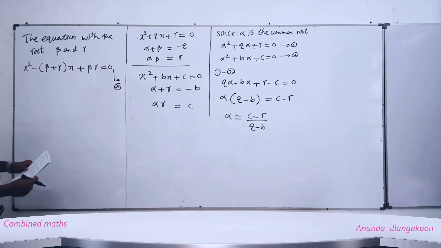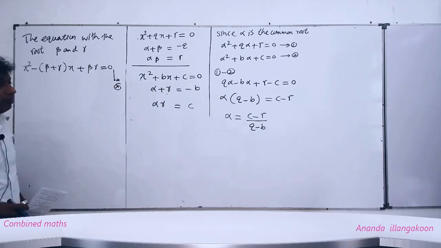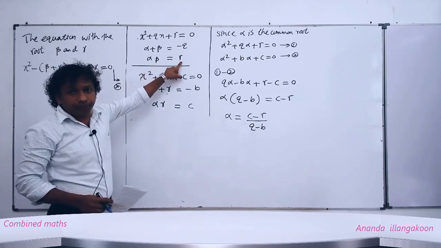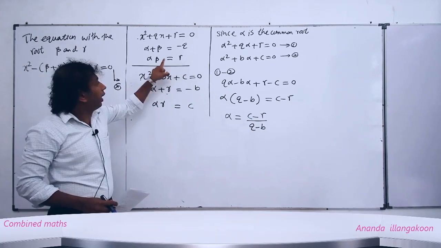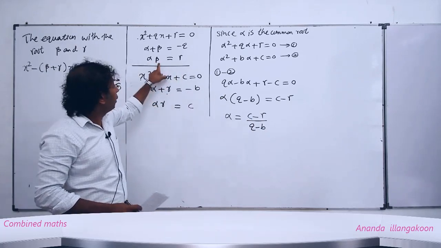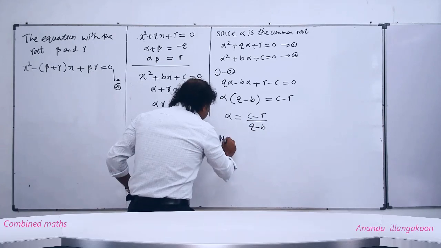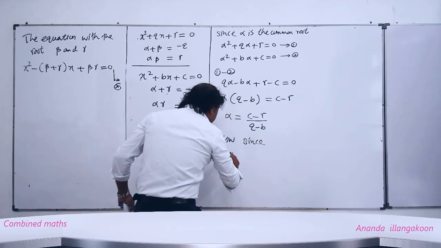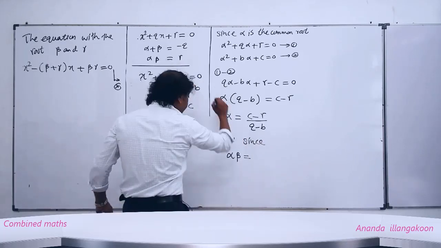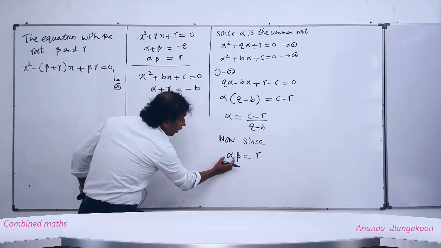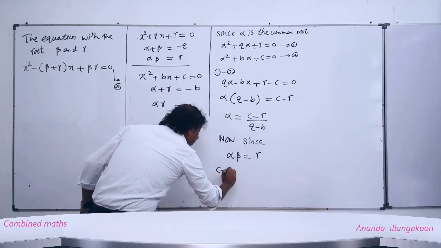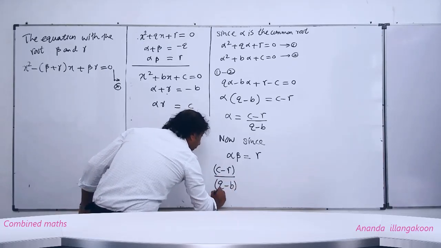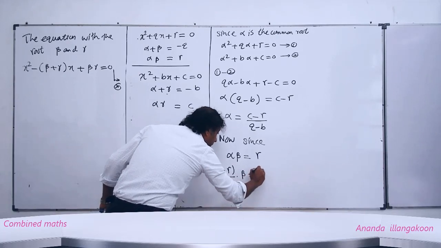Now our purpose is to find beta and gamma, no? Then beta and gamma you can find like this. Here, alpha beta product is r. Alpha is known here, then we can find beta. Now you can write, since alpha beta equals r, substitute for this alpha this answer: c minus r divided by q minus b times beta equals r.